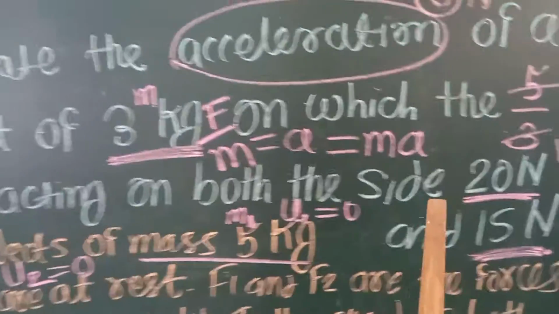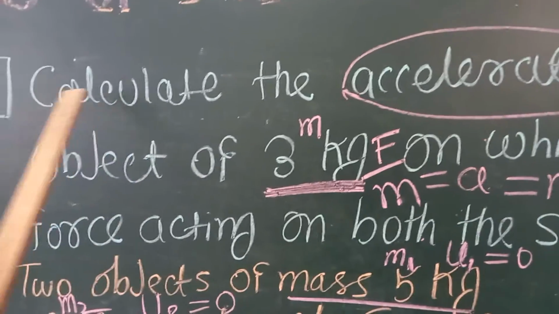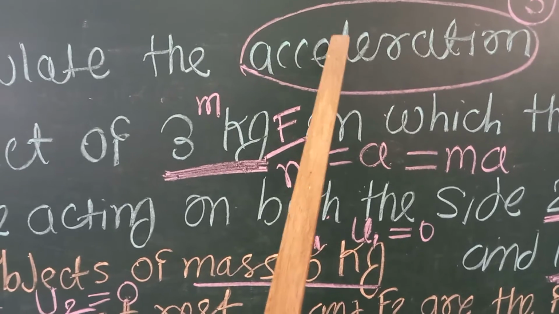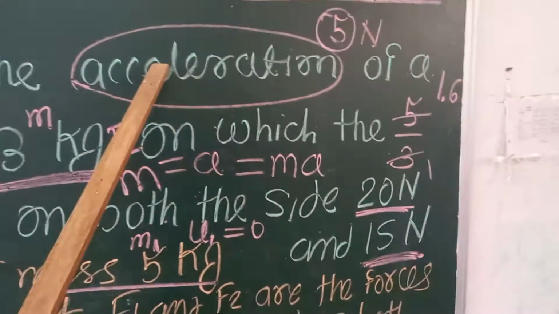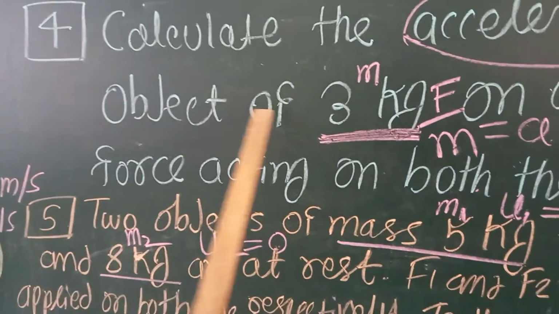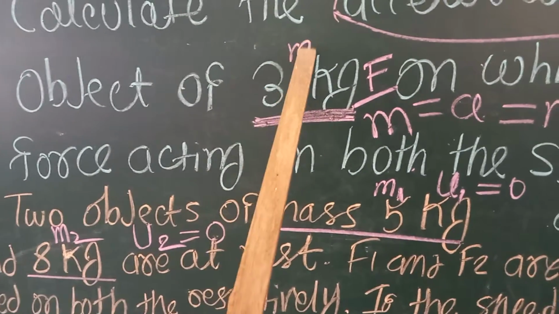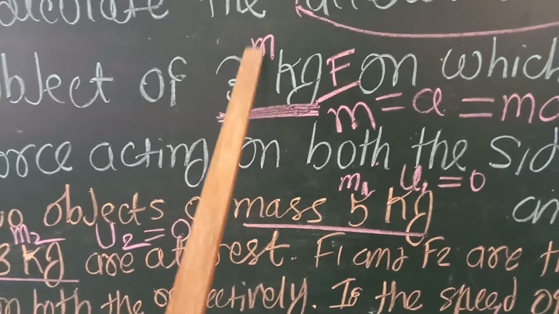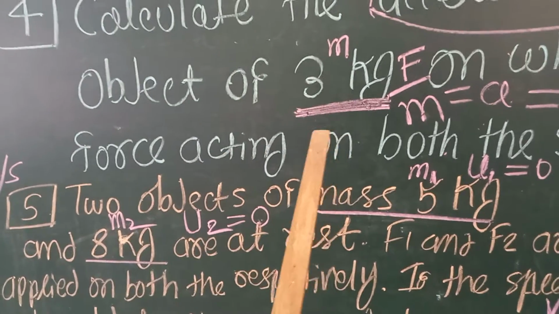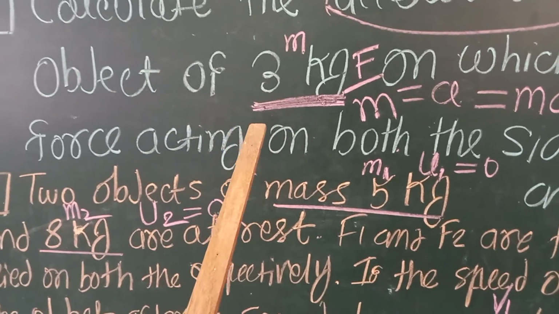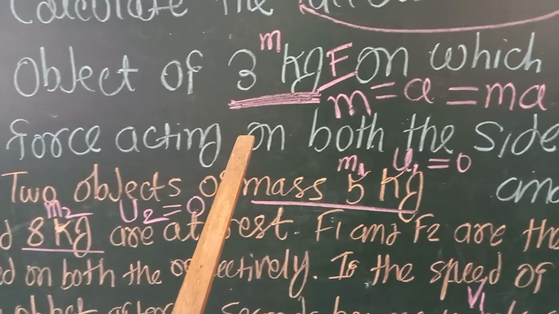See here, what is asked? Acceleration we have to calculate. And what is given in this problem? Mass of the object m is 3 kg, and forces acting on both the sides, 20 N and 15 N.